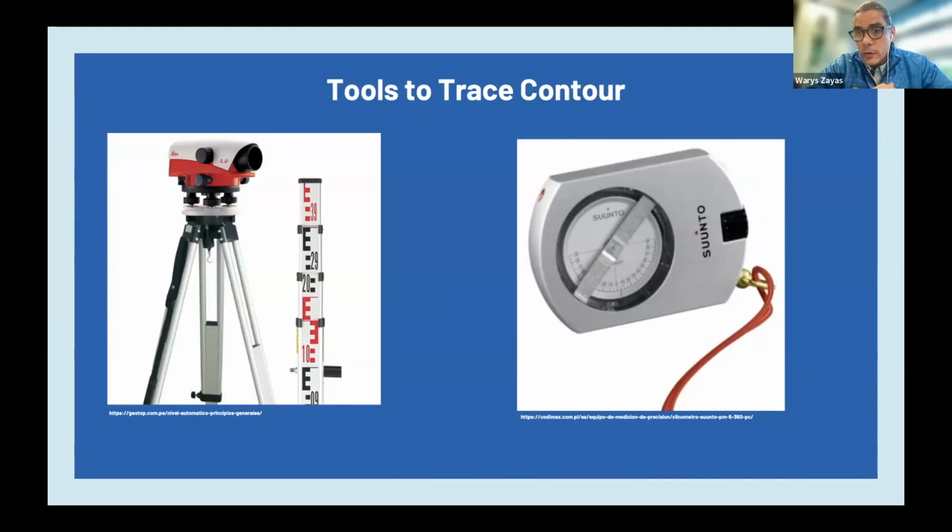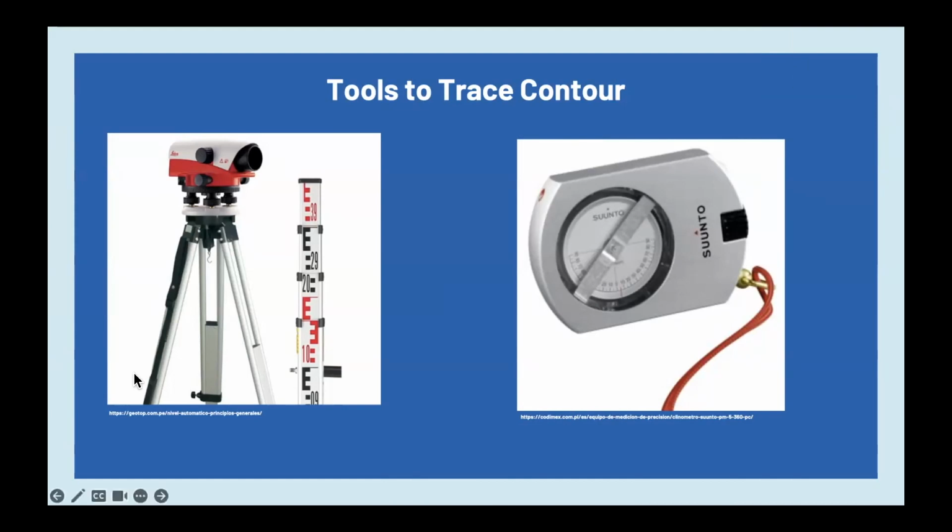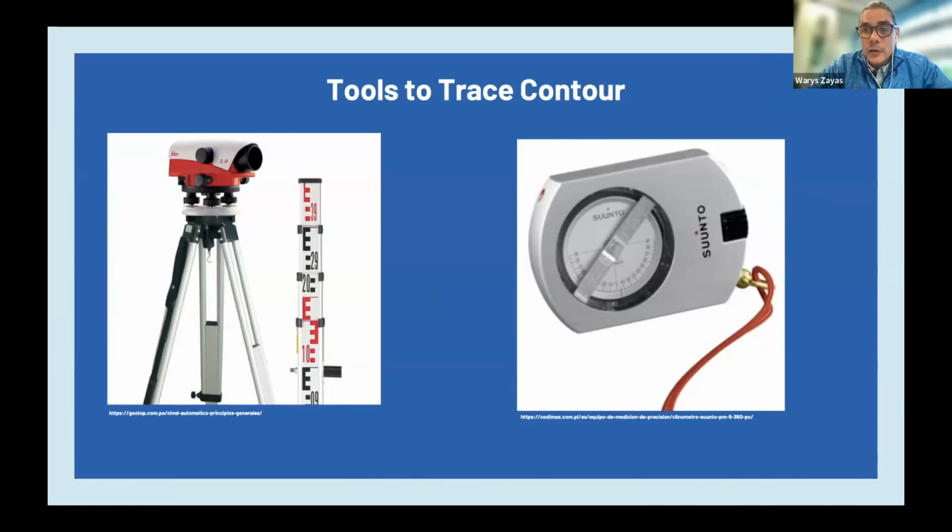Can you repeat the names of the two devices? Okay, the most common name for the apparatus on the left of the screen is a dumpy level, but the more formal name is a telescope level too. This has been in use for several years, right?